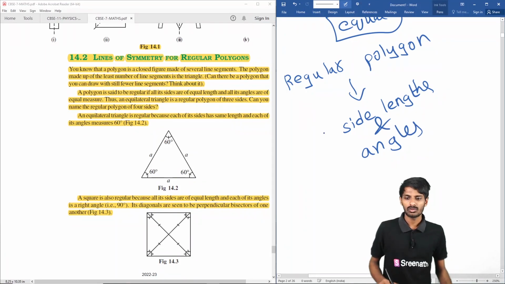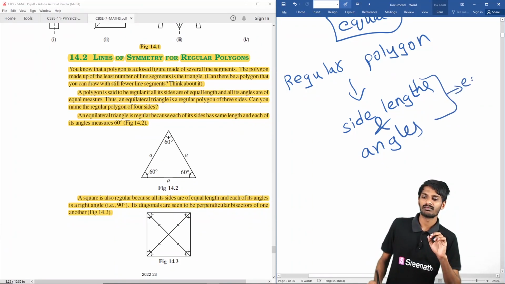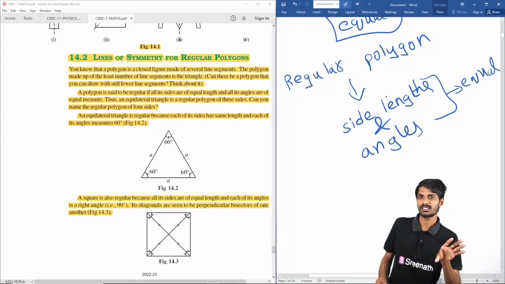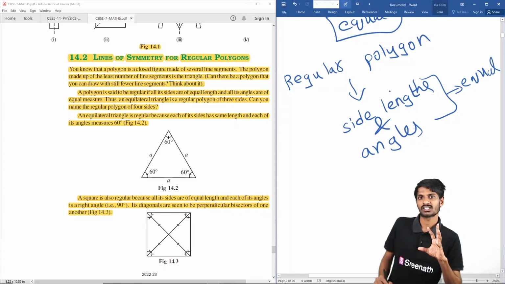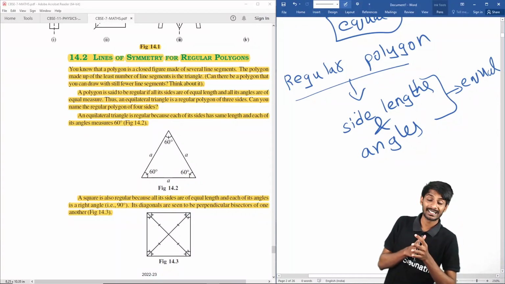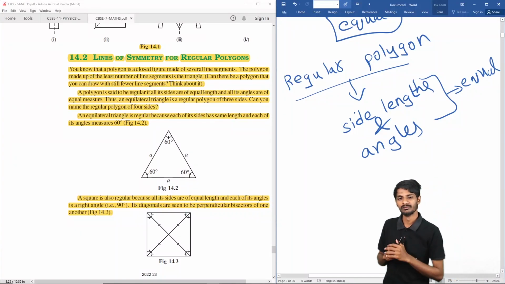So side lengths and angles must be equal, must be the same. All side lengths must be the same, all angles must be equal. Then that figure is called a regular polygon. What is it, students? Regular polygon.